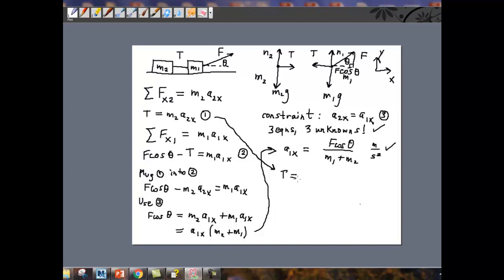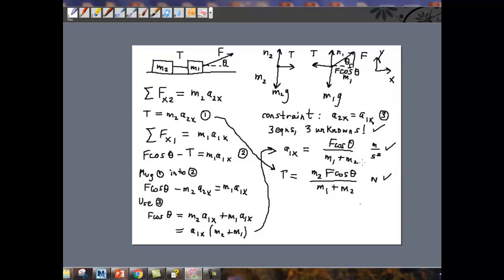So T becomes m2 times the acceleration I've already found. m2 F cos theta divided by m1 plus m2. We can check the units. Mass in the numerator would cancel the units of mass in the denominator, leaving behind just the units of force. Force is in newtons. Tension is also a force, and so we get the right units.